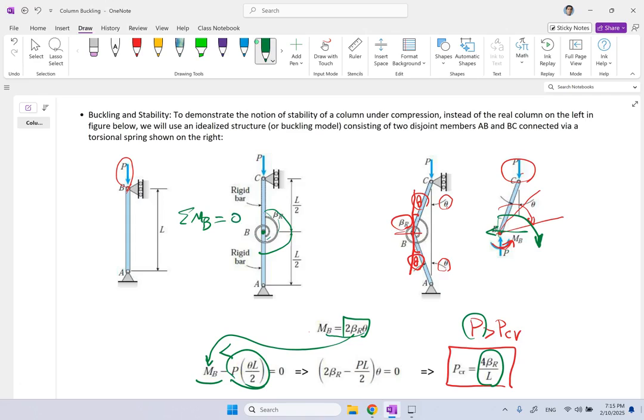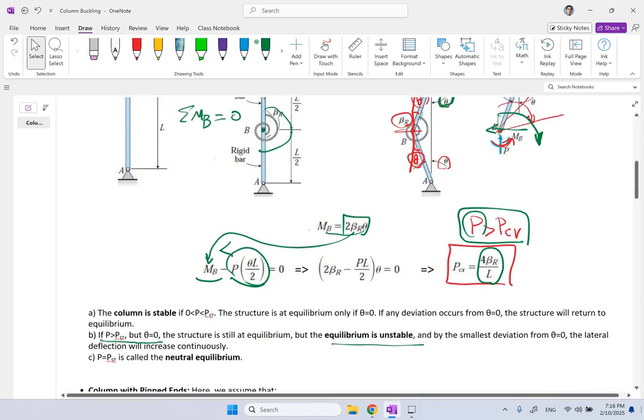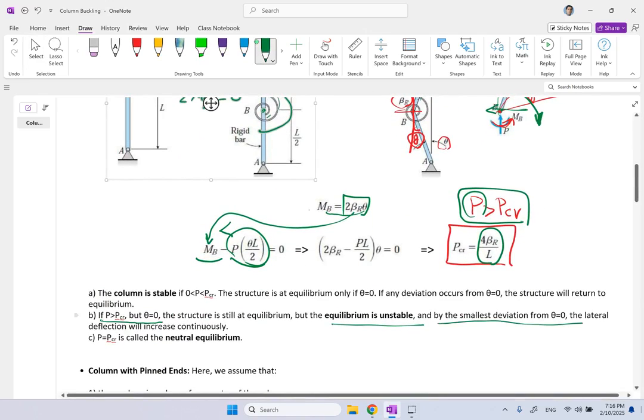So the system is at equilibrium, and these angles theta will not come into existence if we can keep the system perfectly upright like that. But as soon as there is a small angle, a fraction of a degree, between the line of these members and the line of P, that is enough with this much of P to cause the system to go unstable and for the deviation to continually increase.